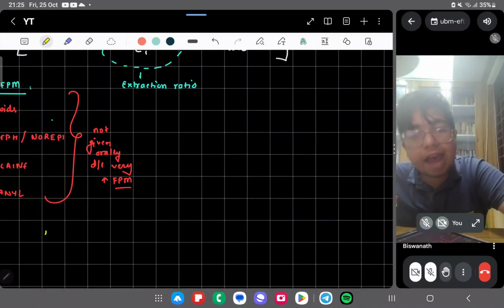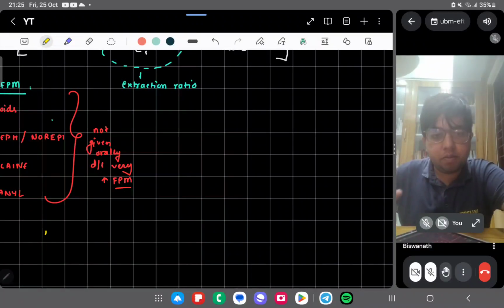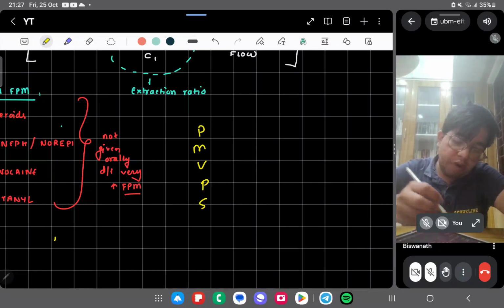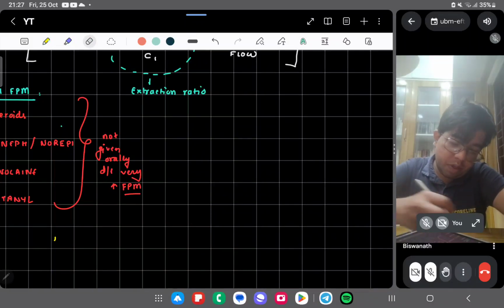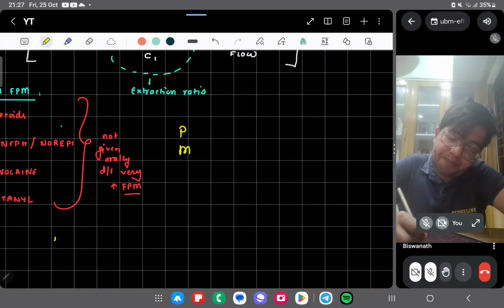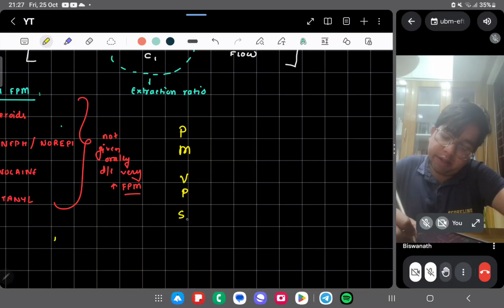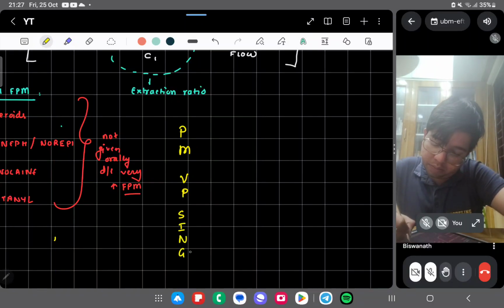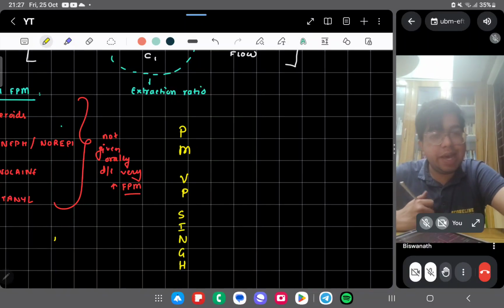Some drugs have very significant first pass metabolism, but they're used orally. Okay, some drugs are there which have very high first pass metabolism, but they're used. So what is the mnemonic for that? The mnemonic will be PM VP Singh.